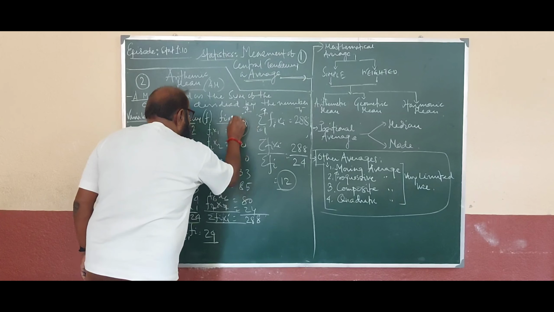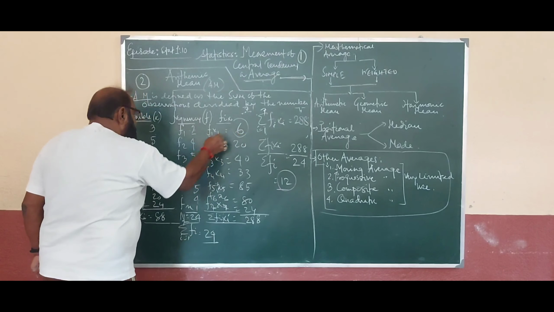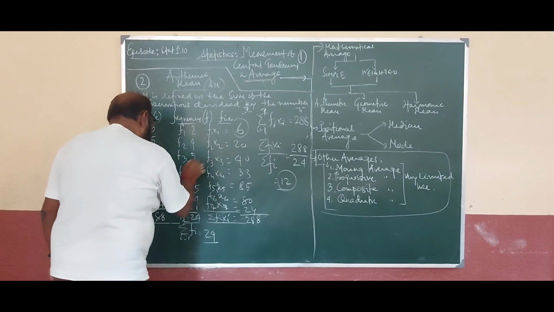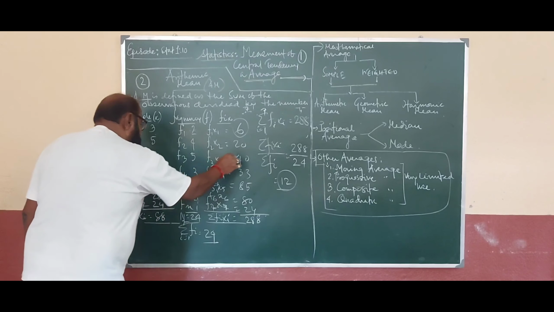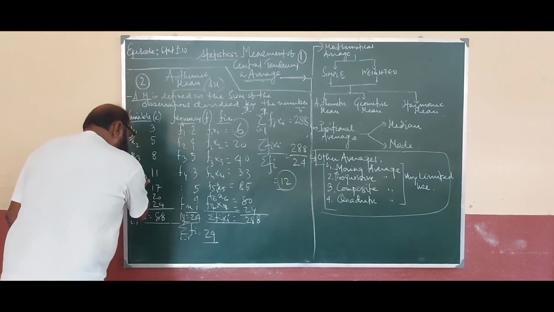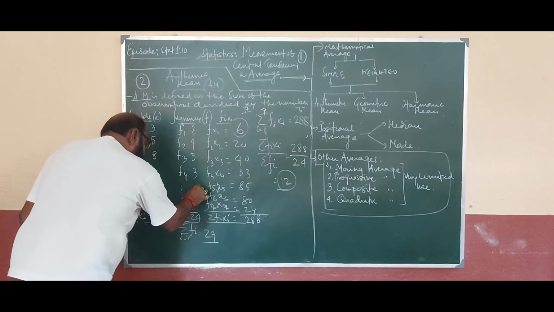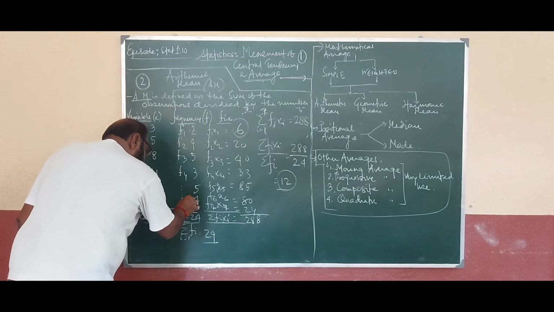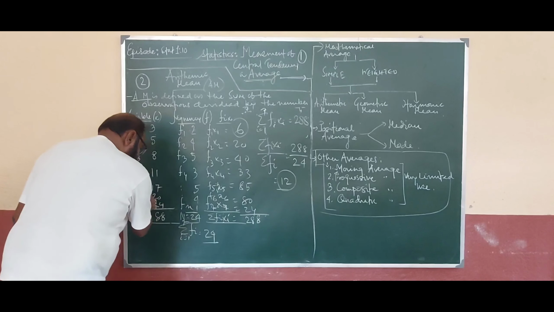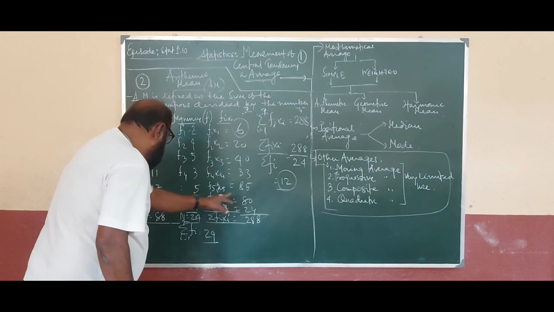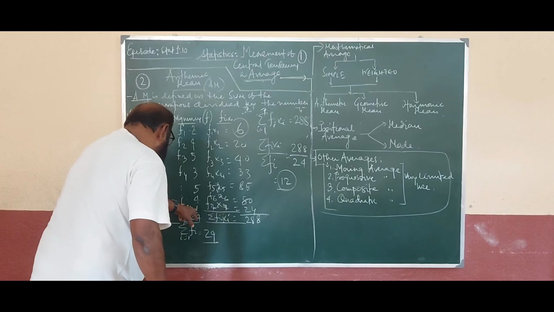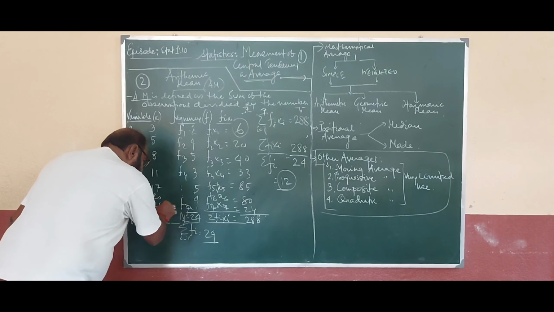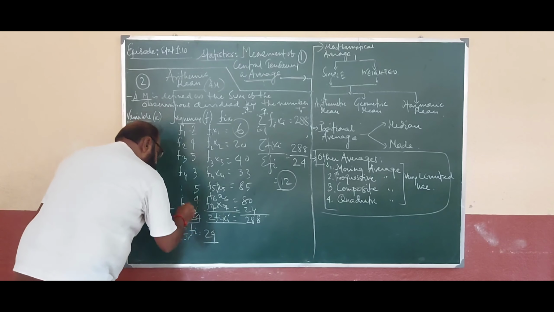Now, what is the total? Then we multiply this and get f1 x1 6, f2 x2 20, f3 x3 40, f4 x4 33, f5 x5 85, okay, f6 x6 80, f7 x7 24, so it is 24.